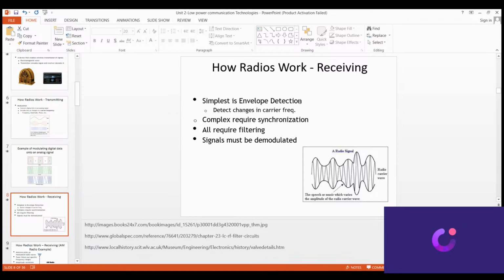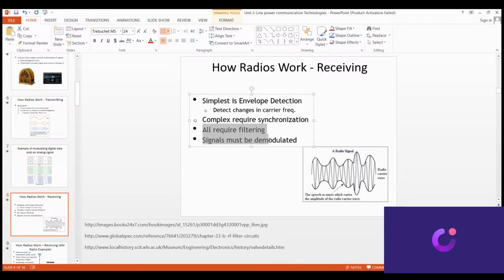This requires synchronization, and there's an aspect of filtering out signals that are some kind of noise, to ensure that only the original signal is received.